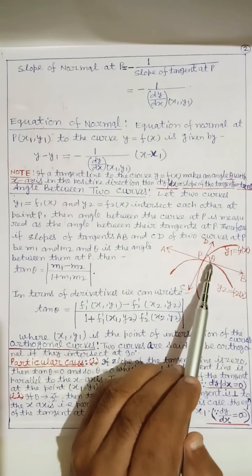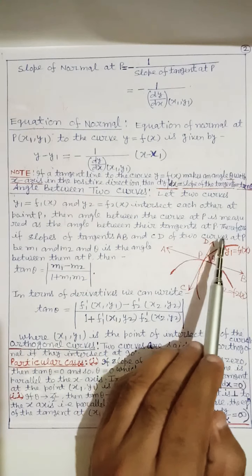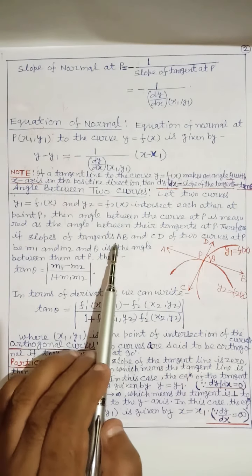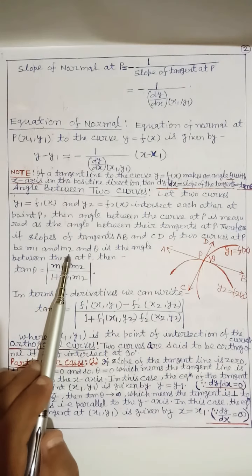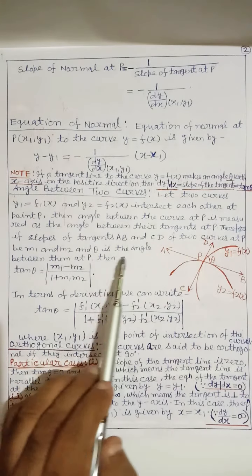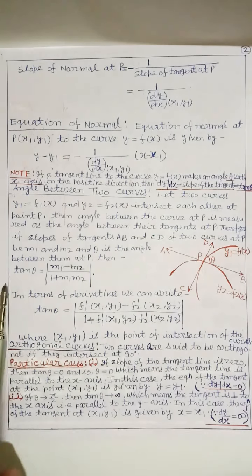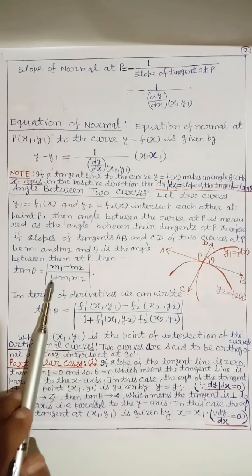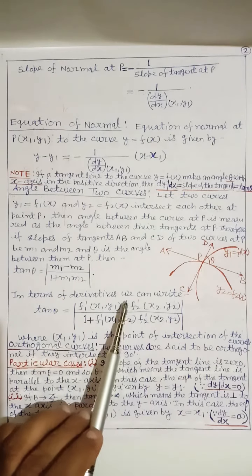So this angle theta is between these two tangents at P. Therefore, if slopes of tangents AB and CD of two curves at P are m1, m2, and theta is the angle between them at P, then tan theta equals mod of (m1 minus m2) by (1 plus m1 m2). And in terms of derivatives we can write here.